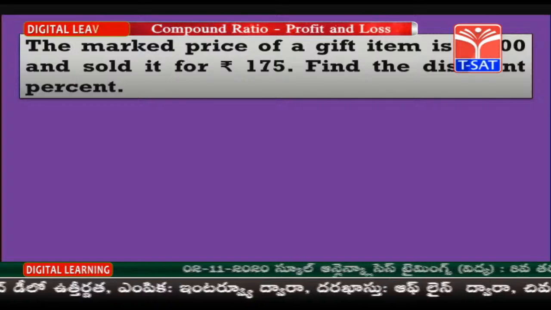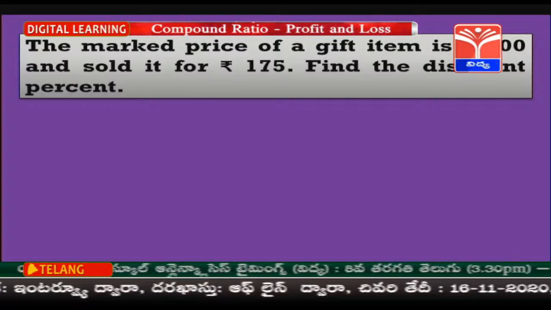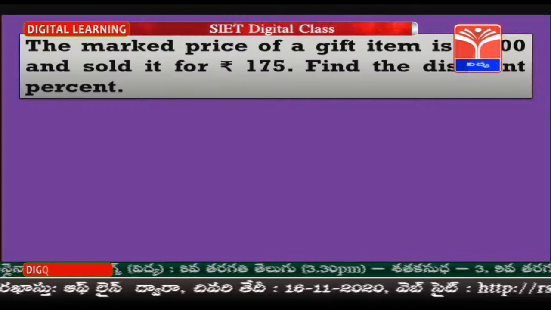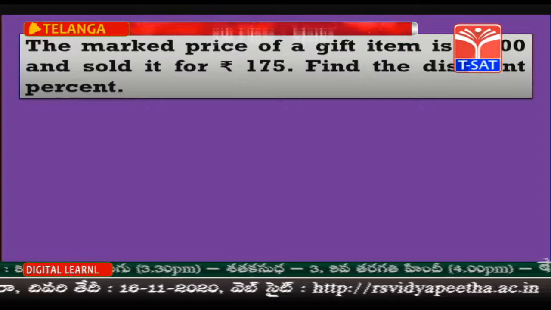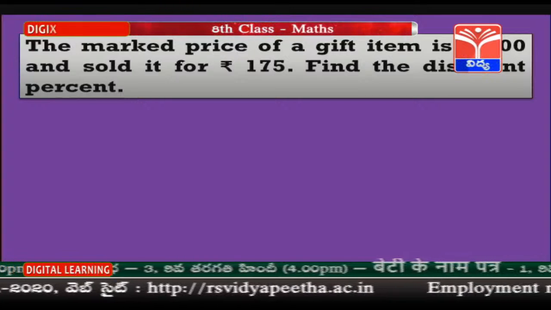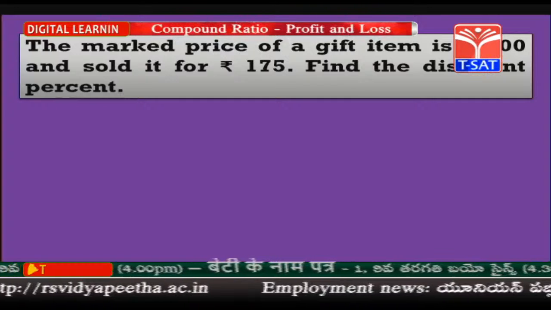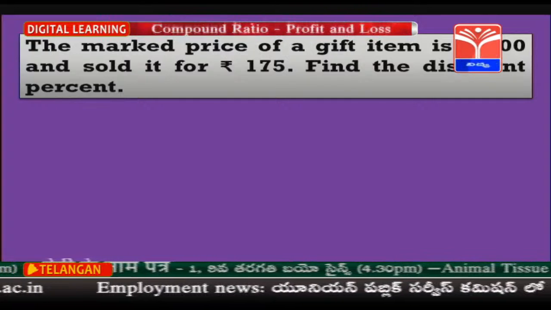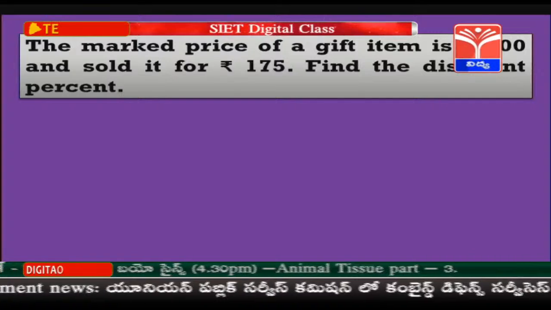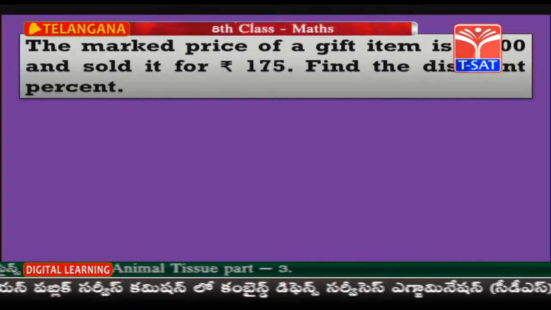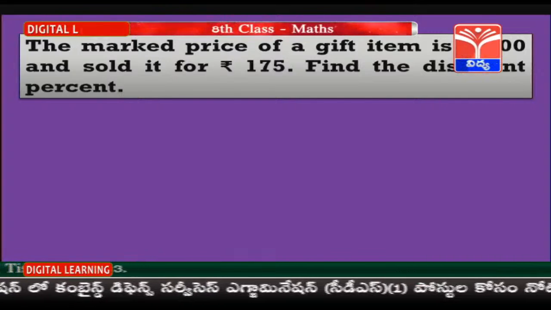The mark price of a gift item is 200 rupees and it is sold for 175 rupees. Find the discount percentage. So, children, in this problem, the mark price is given and the selling price is also given. We need to calculate the discount percentage.